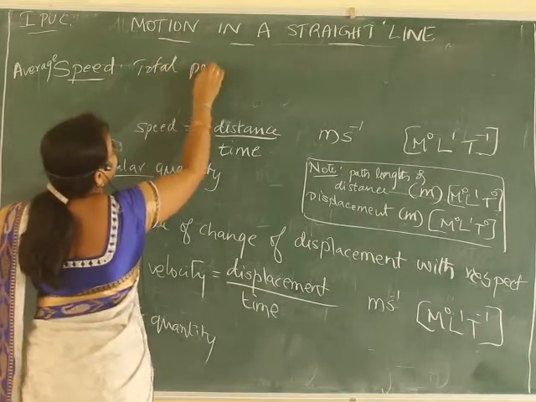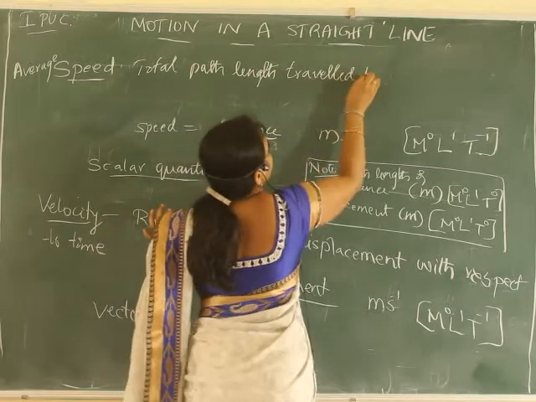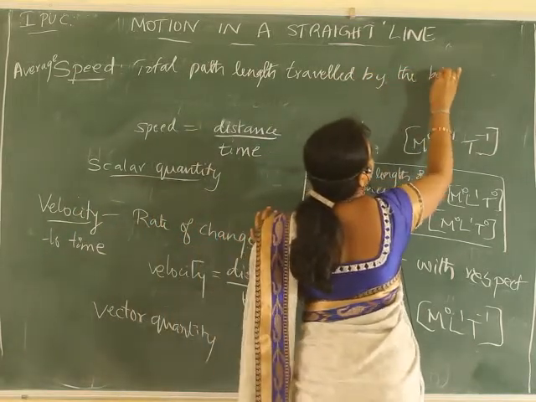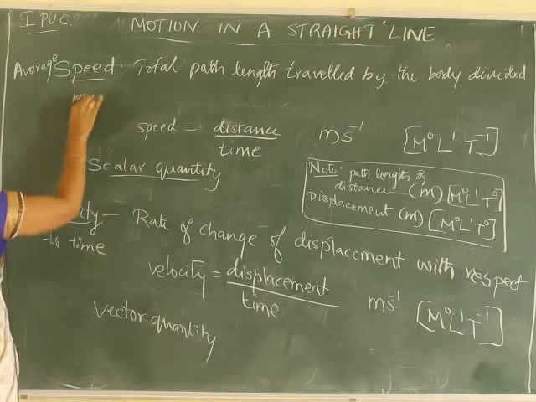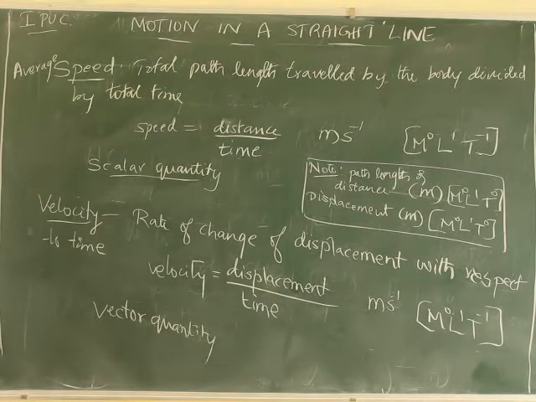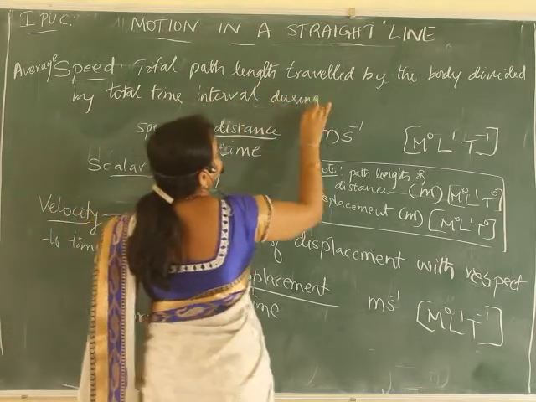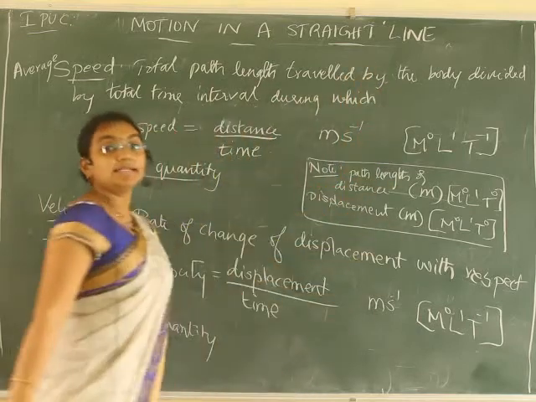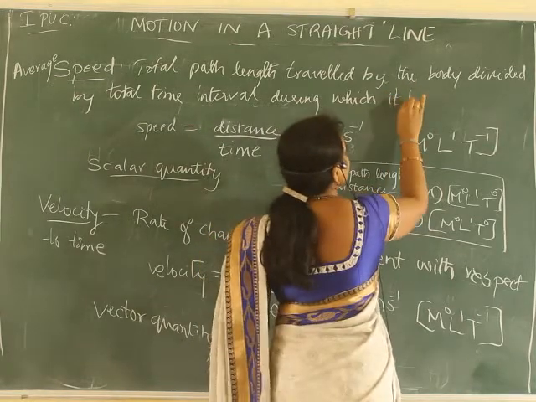Total path length travelled by the body divided by total time taken, or total time interval during which the body has moved.